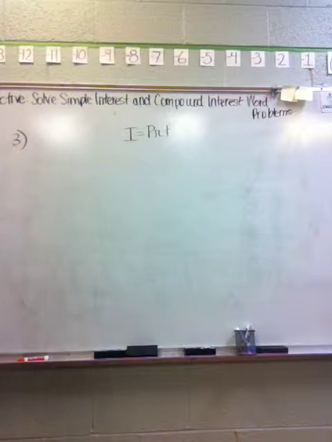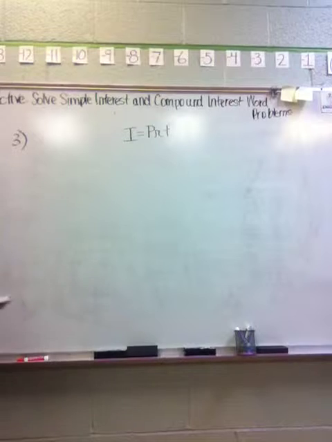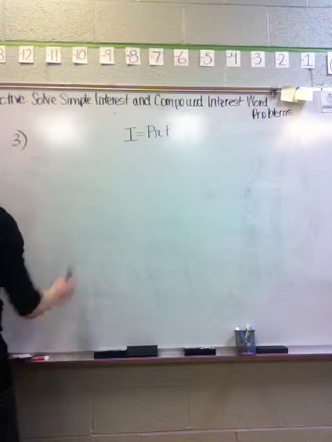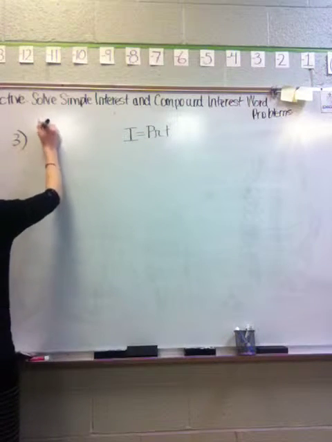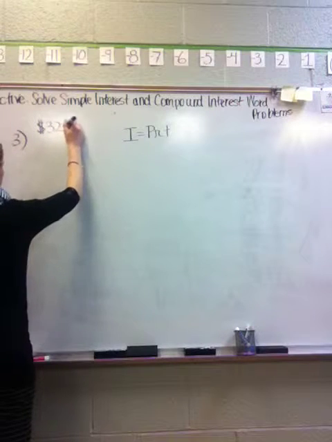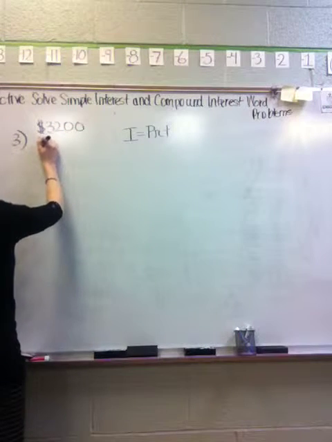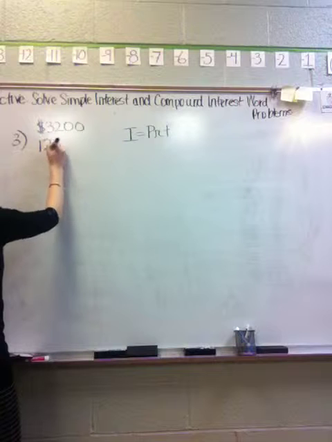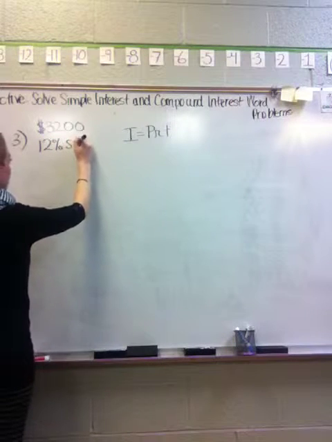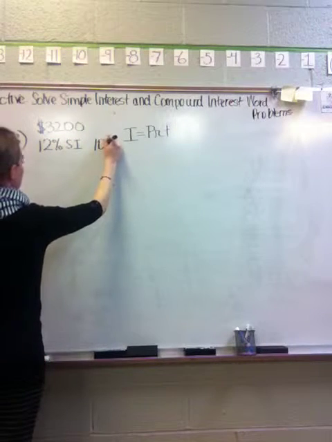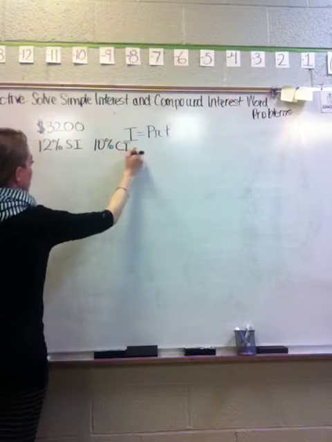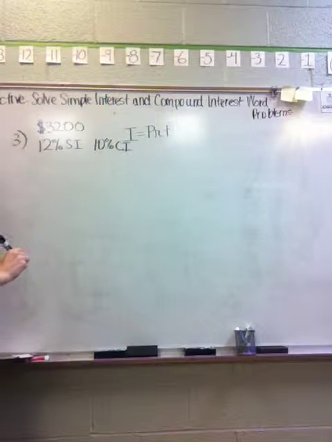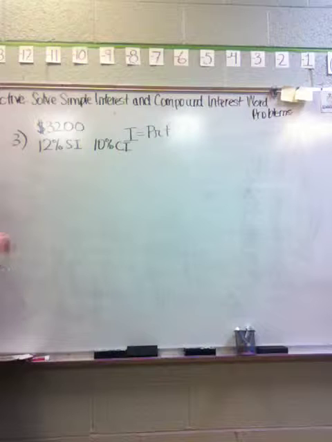Number 3 gives me these stipulations. I've got my initial investment is $3,200. I've got 12% for my simple interest and 10% for my compound interest. Make sense where I'm getting that from?